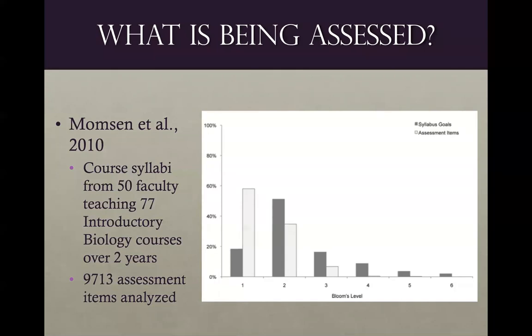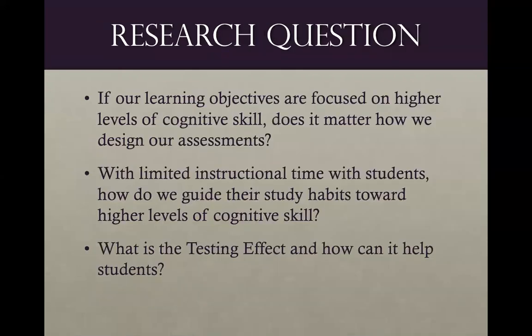And so our question was, if our learning objectives are actually focused on higher level cognitive skills, we do want students to be able to do these higher order things, does it matter how we design our assessments? And then if you've got this limited instructional time with students, can you use your exams to promote these higher levels of learning? And then we're going to use this testing effect, because the testing effect can help students.